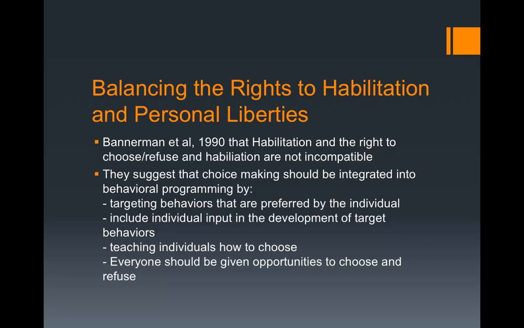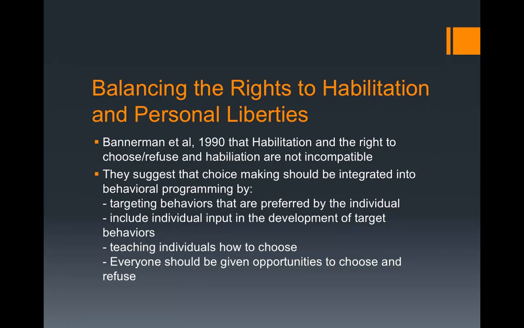Whereas if we introduced choice, but still allowed the person, the choice not being, well, you can go home and get in your bed versus doing math, but the choice being, do you want to do math first, or do you want to do reading first, or do you want to go to the gym first? Let's organize these, let's put them on your schedule. You decide which order we're going to do these in. Adding that choice makes a big difference.